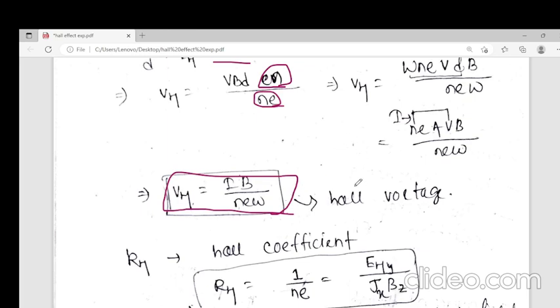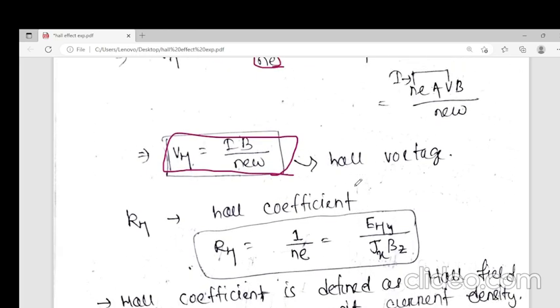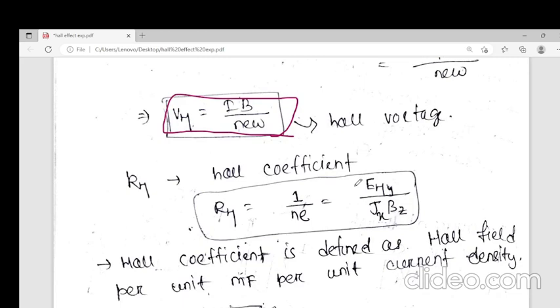Then the Hall coefficient is another term that will arise. RH is equal to 1 by ne, and if you put this ne here, then the expression will be E by JBx.